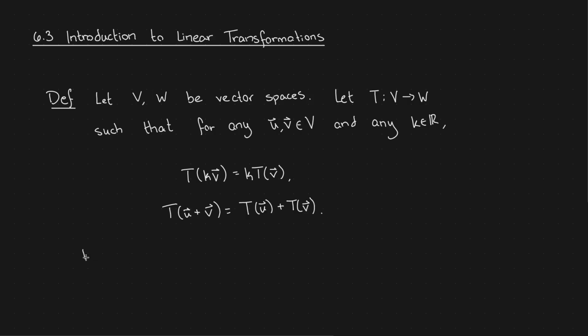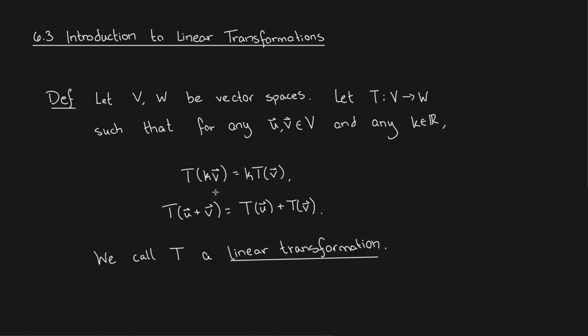Okay, in this case, we call T a linear transformation if it has these two properties. All right. So in summary, what are we doing here?